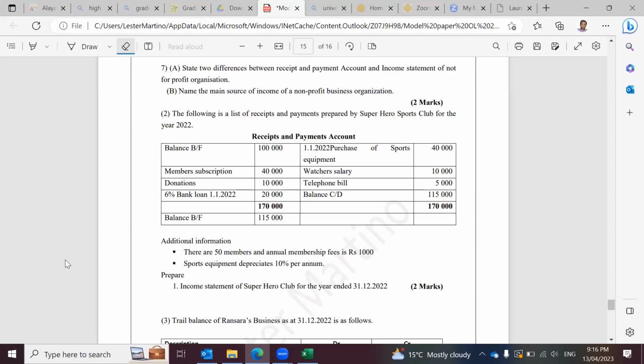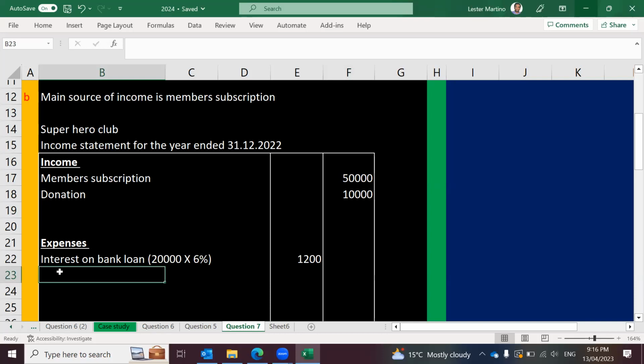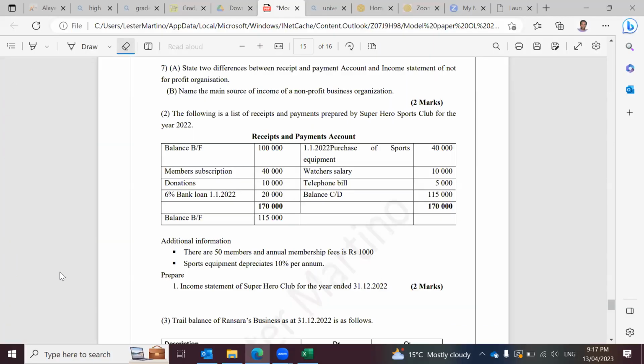And they further mention 10% equipment depreciation. 40,000 into 10%, take the last zero out, 4,000. So write it down, depreciation on sports equipment, 40,000 into 10%.